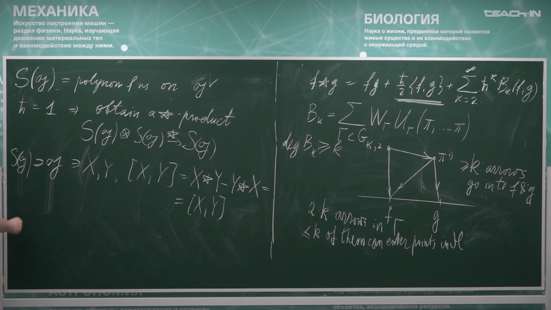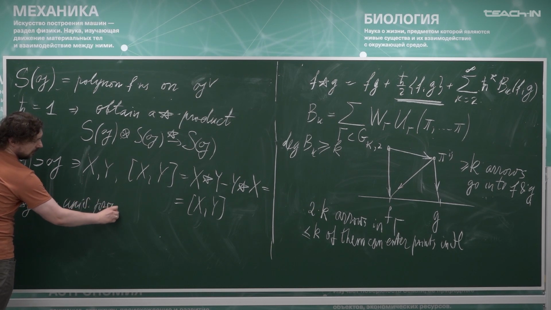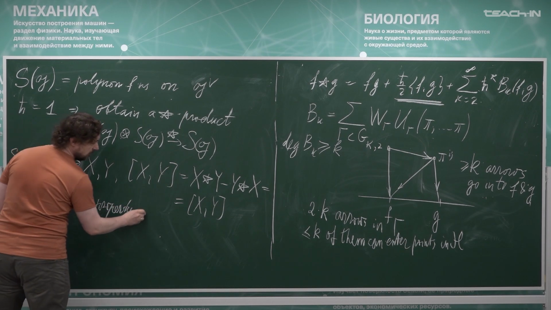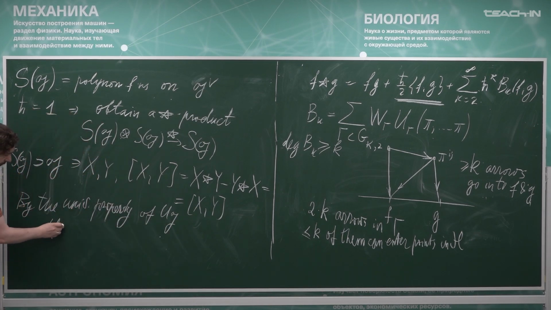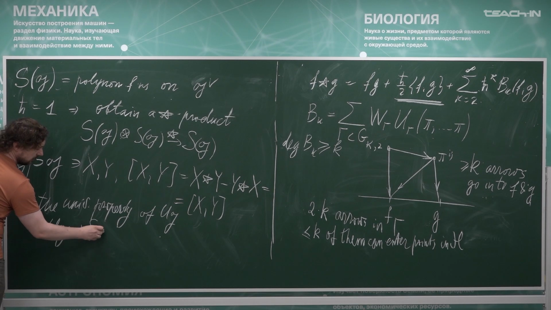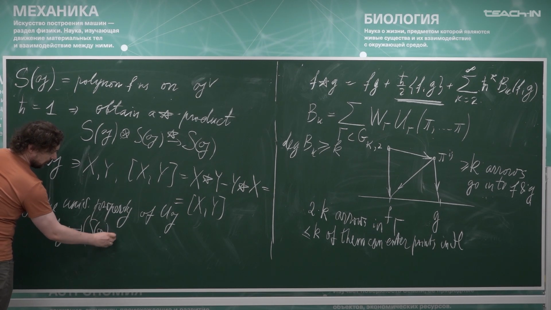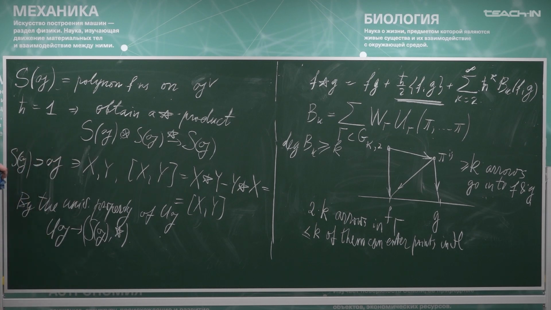Hence, by the universal property of UG, I have a homomorphism from UG into SG equipped with this star product. And by comparing the sizes on the left and on the right, here we use the Poincaré-Birkhoff-Witt theorem, and here we just use the fact that we know the size of SG.